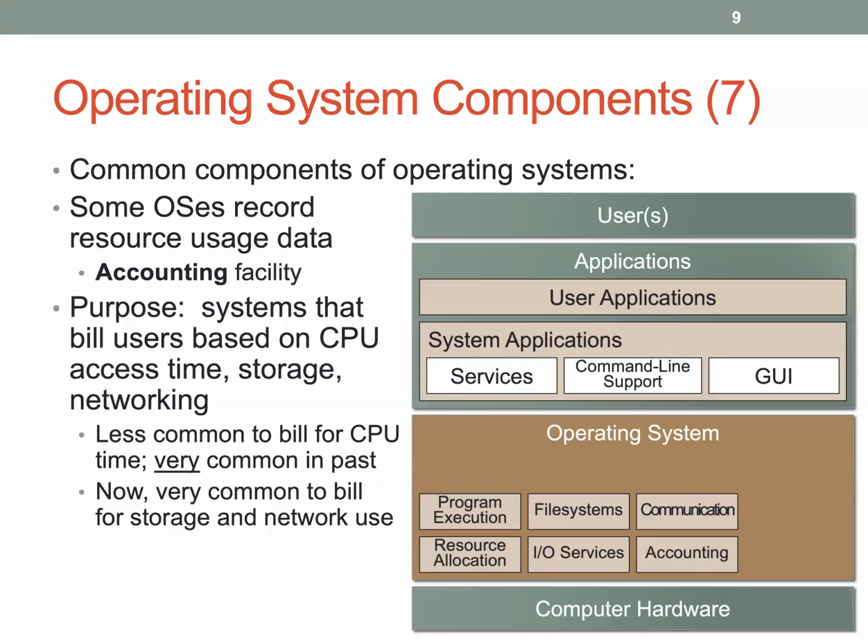So you don't really bill for CPU time in the same way as people did on mainframes. Storage, that's easy to bill for. Network transfer, pretty easy to bill for, because basically what the operating system does is log what was done, and then some external program can analyze those logs to determine billing information and so forth. So accounting, extremely important nowadays.